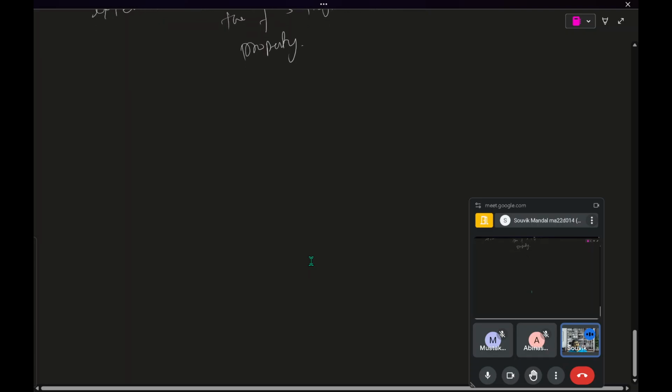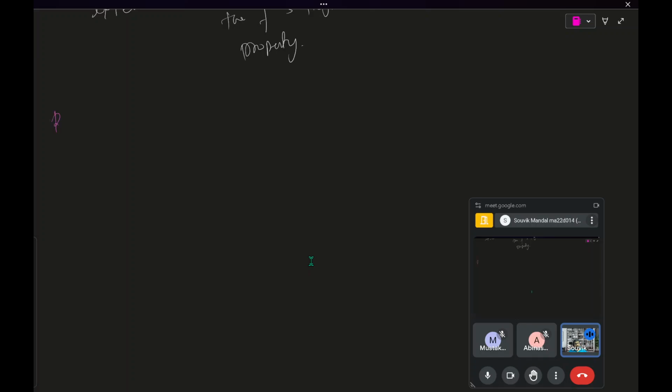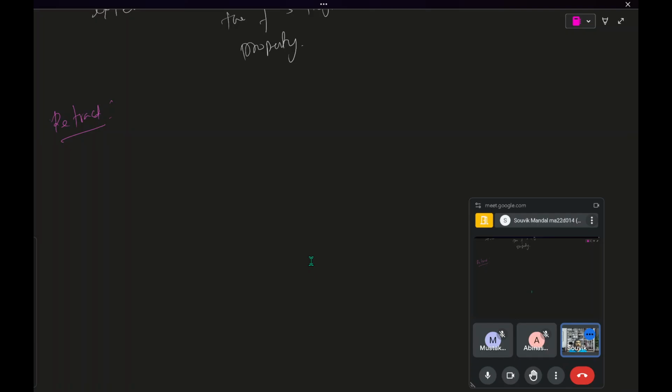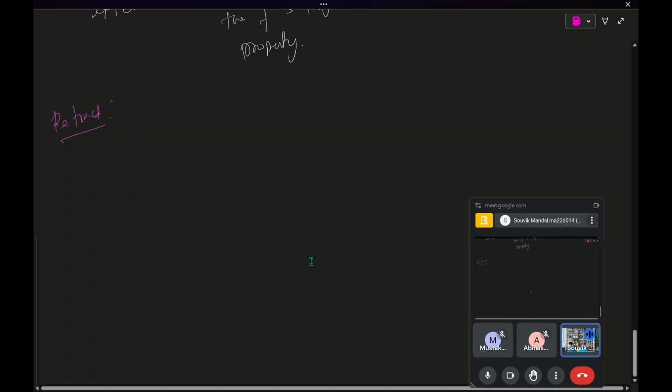So now let's go with something known as retract. The retract thing is actually not a direct part of point-set topology. It somehow comes under some other things. But as per the definition, it comes under topology, so that's why we can go through it.